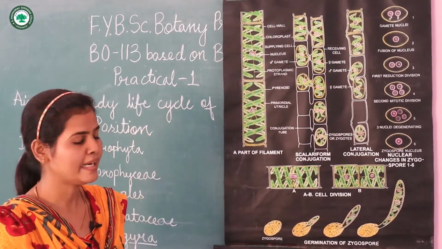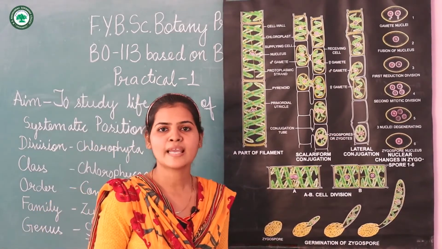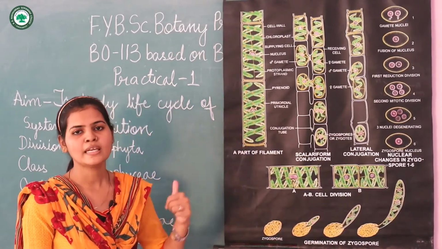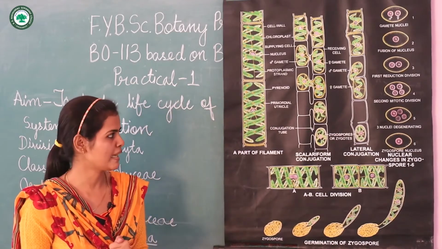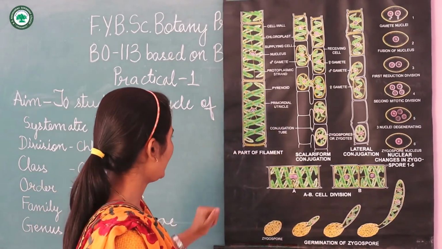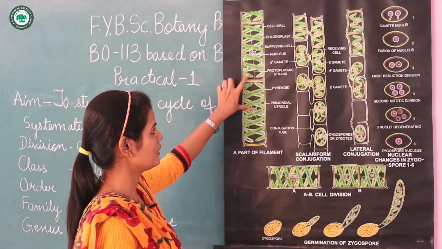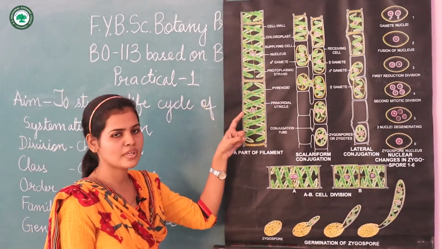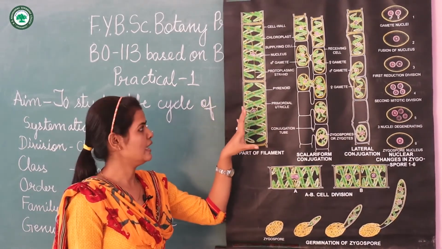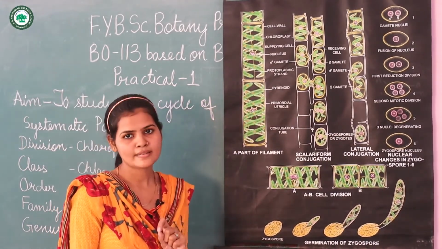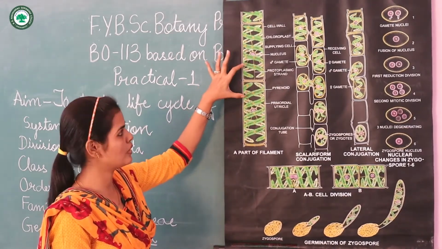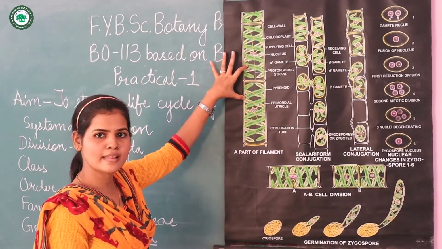Because of that, Spirogyra is slimy to touch, because of the mucilaginous sheet made up of pectin. Next, the filament is multicellular, made up of different cells. Each cell is similar in size.